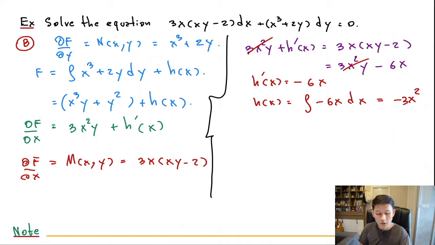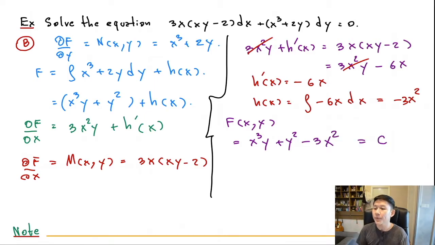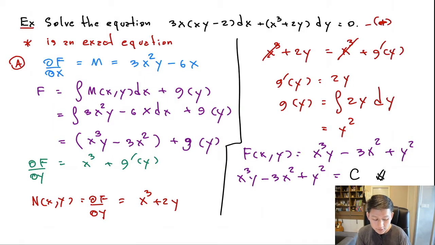Makes sense? So the solution is f(x, y), which is x cubed y plus y squared minus 3x squared equals c. That's it. That's the solution, and you can see they are exactly the same thing.